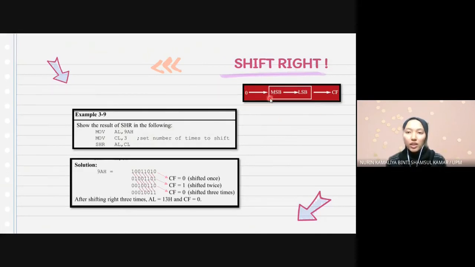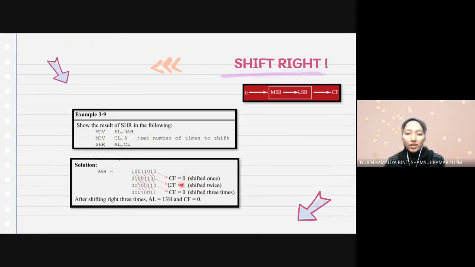So for example, we shift the 0 to CF and then we shift bit by bit to the right. So here it will become 0100 1101. For the MSB, insert the 0 into the MSB every time you shift to the right.